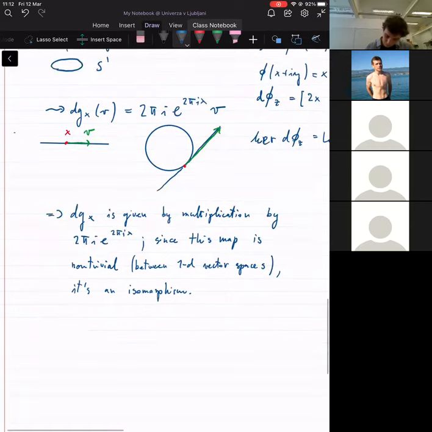So now everything else is done by using the inverse map theorem. So g is a local diffeo.